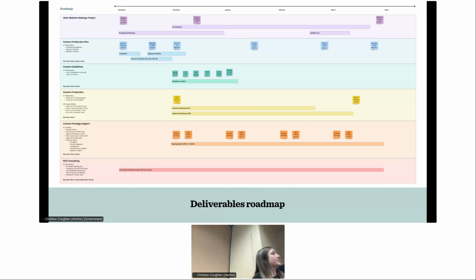And what we've done here is we've broken our project down into different categories of work. So this was actually the content production phase of a project that we were working on with our client, where we had our main website redesign at the top. And then we were really focused on how we are going to get this content updated.